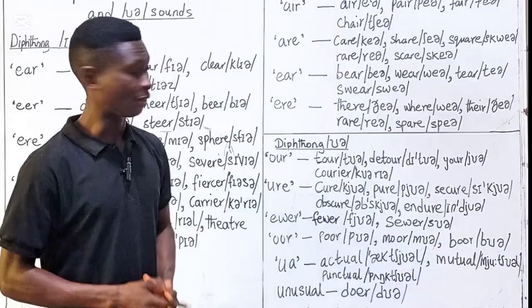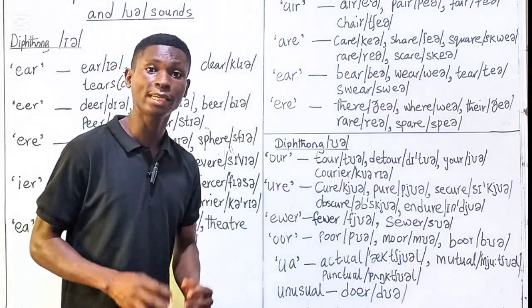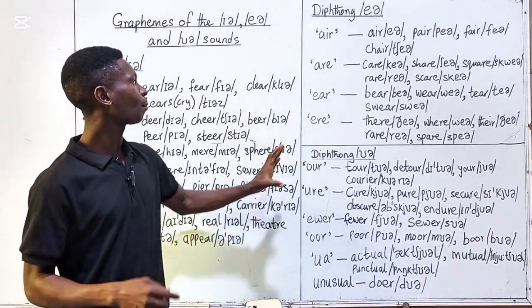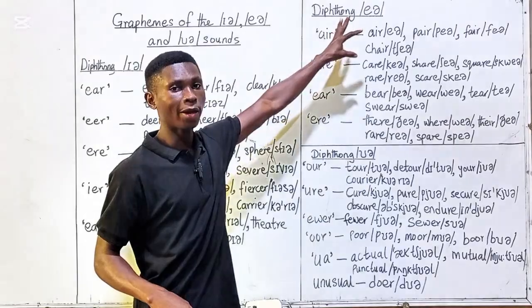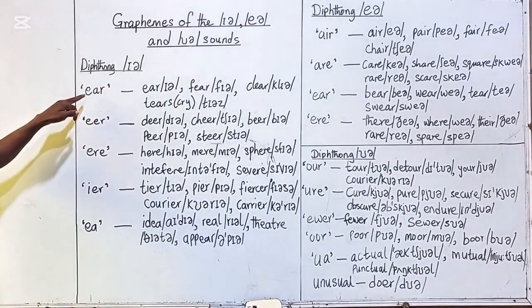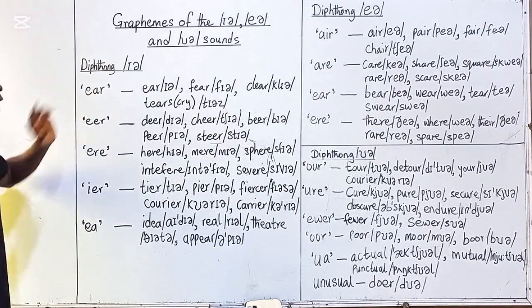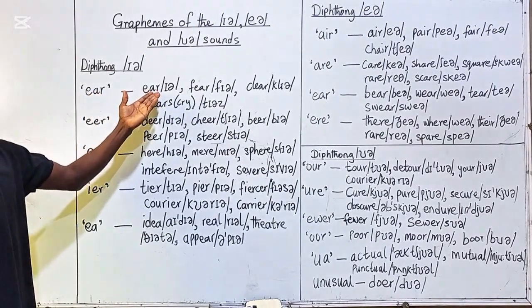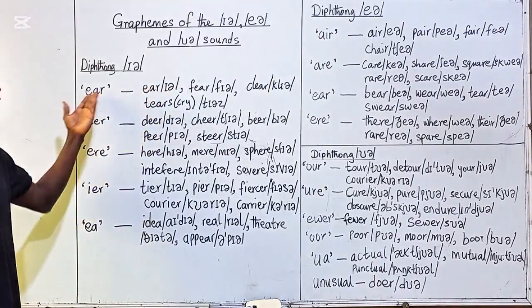Before I round this off, I'd like you to pay attention to the graphemes that correspond between the diphthong air and the diphthong ear. The very first one is EAR, as in the word ear.